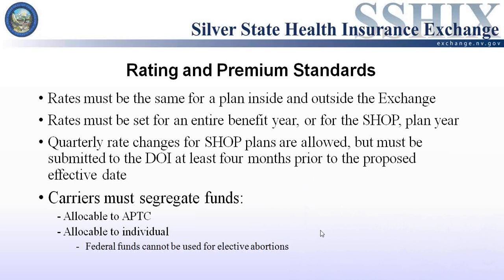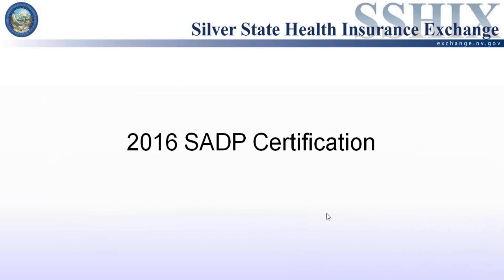Currently, in the 2015 QHP segment of the market, no carrier provides coverage for elective abortions, so that's not an issue. I don't anticipate that to change in 2016, but if there is a carrier that's intending to provide coverage for elective abortions, then those funds need to be segregated. You cannot use federal funds for that purpose.